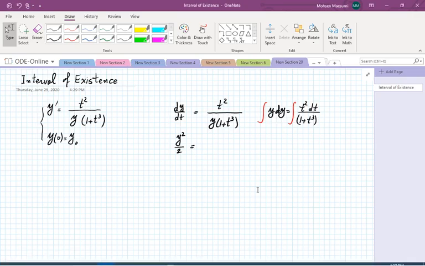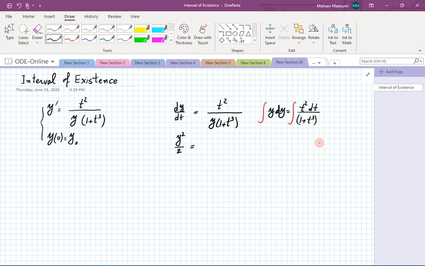Okay, let's see. Well, of course, you make a u substitution, 1 plus t cubed. So of course du is 3t squared dt, and so dt times t squared is going to be du over 3.